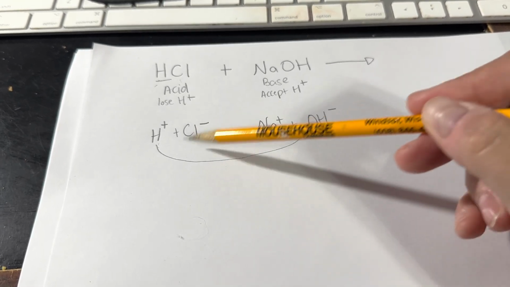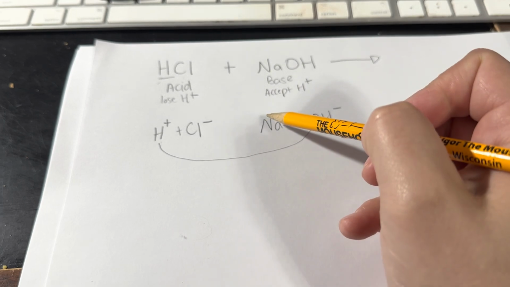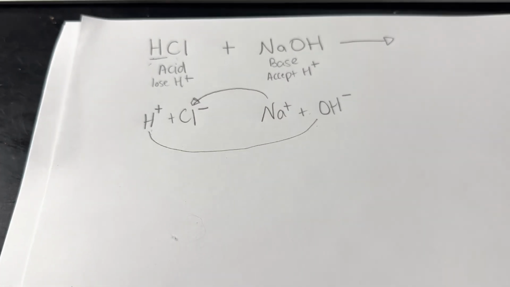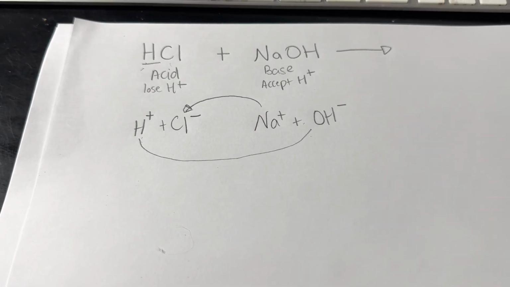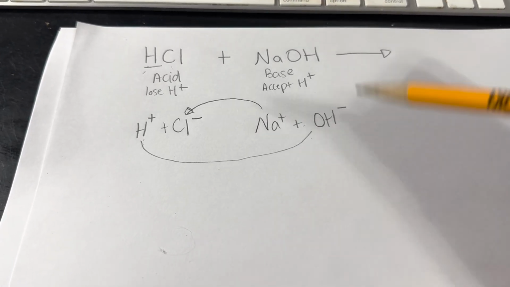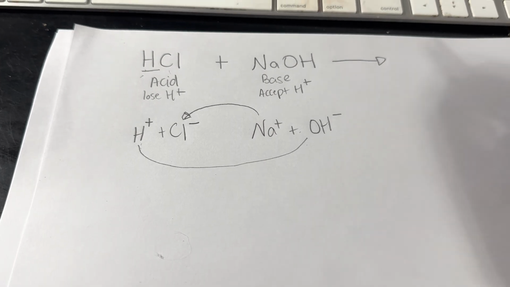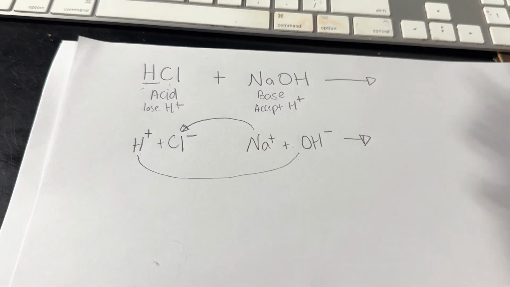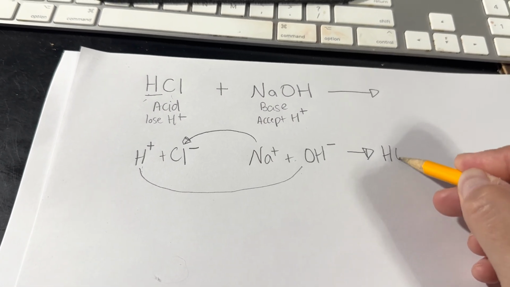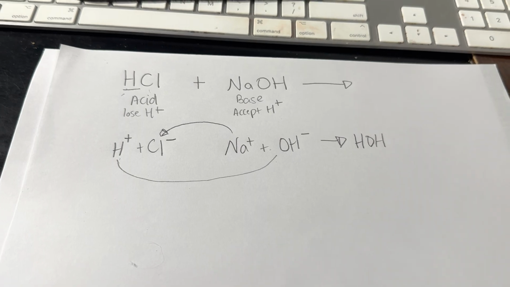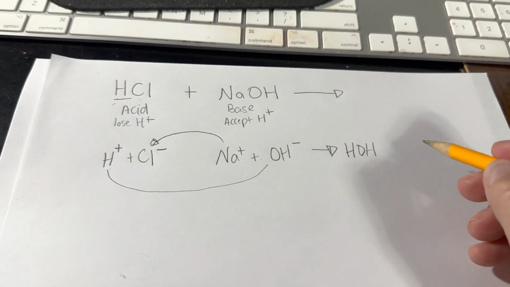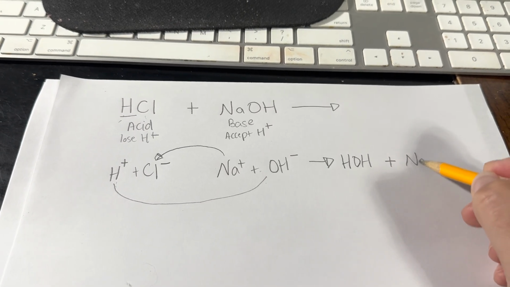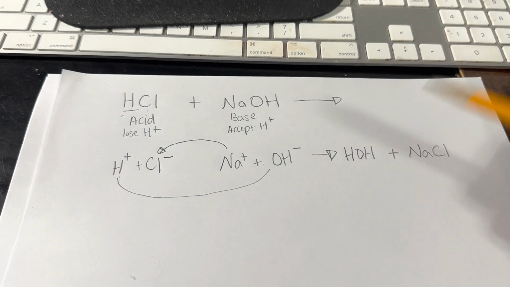So the only thing that's left for it to bond with or be friends with is, if we look conveniently, the negative ion from our HCl, right? So we see how we can pair the positives and the negatives, right? So when H and OH come together, we get HOH, or it's another way to write H2O, plus our salt, NaCl.